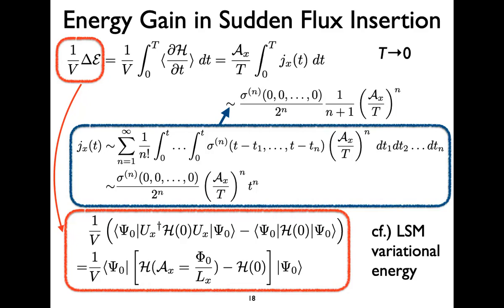Then you subtract. Interestingly, this difference is exactly the same thing as what appears in the original proof of the Lieb-Schultz-Mattis theorem. This is for people who are familiar with the theorem; if you are not familiar with it, you can forget about this. But if you have seen the original proof, this is nothing but the variational energy appearing there.